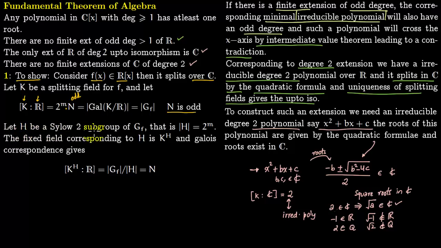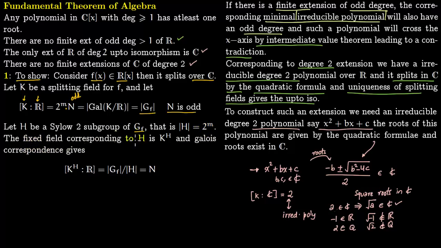Now let H be a Sylow 2-subgroup of our Galois group. So H is a Sylow 2-subgroup of GF, that is our Galois group. Sylow 2 means that the order of H is 2 to the power of m. Precisely this, because the order of our group is 2 to the power of m times n, so our Sylow 2-subgroup has 2 to the power of m order.